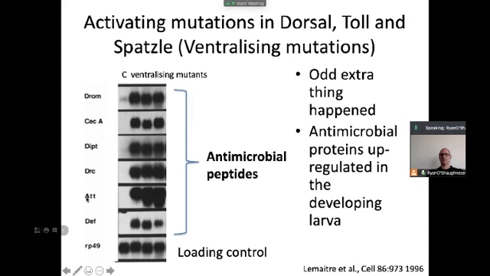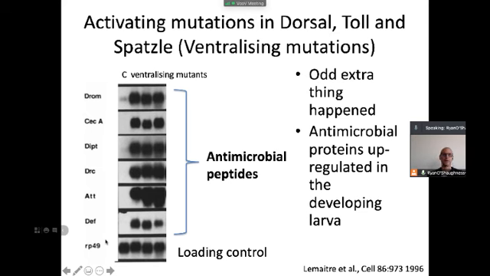And these 6 genes are our antimicrobial peptide RNAs, and we can see here that in every case of our ventralising mutations we see increase in expression of our antimicrobial peptide RNAs, and this is compared to our loading control, which seems to be a ribosomal protein.